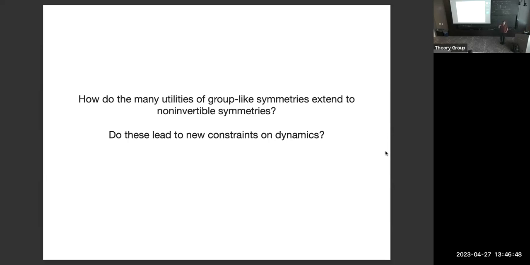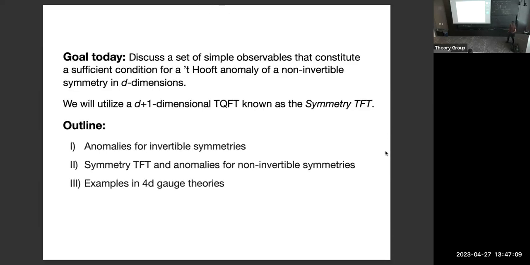So how does everything we know about group-like symmetries carry over to the non-invertible case, first of all? And then second of all, by knowing about these non-invertible symmetries in field theories, can we get new constraints on dynamics that we couldn't have gotten from just thinking about the group-like symmetries? So these are big questions that lots of people are trying to answer.